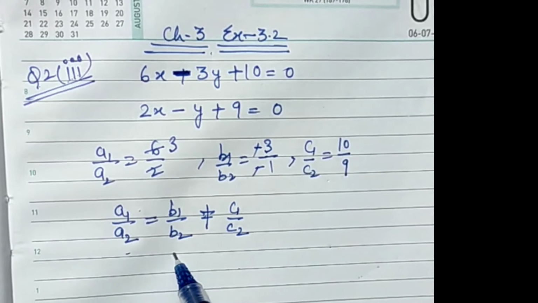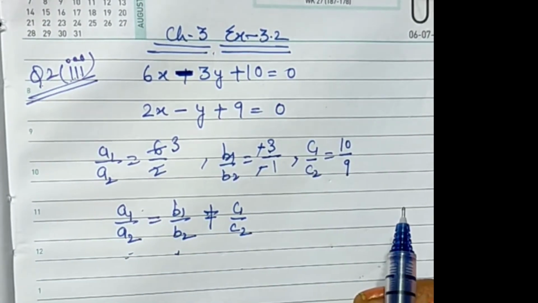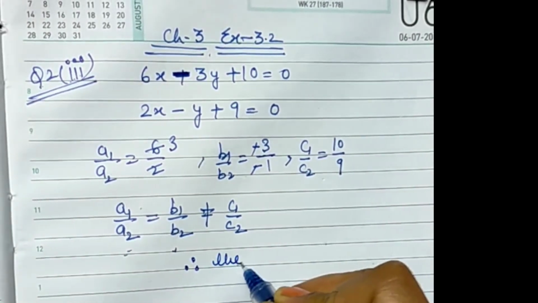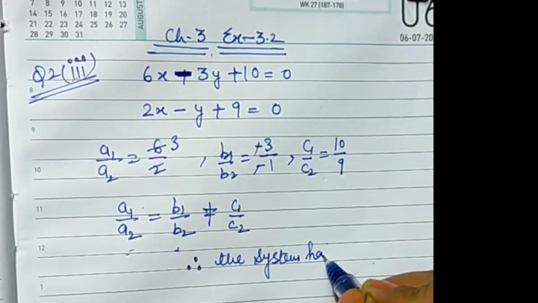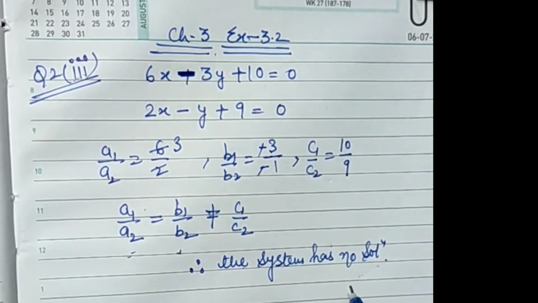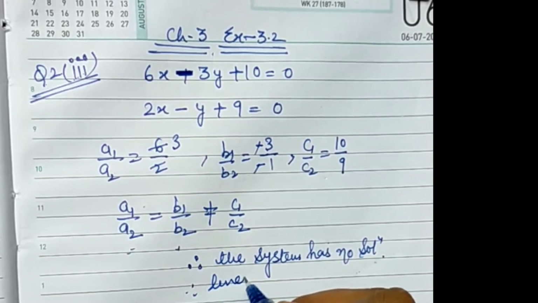Therefore, since the first two ratios are equal but the third ratio is not equal, the system has no solution. And if it has no solution, the lines will be parallel.